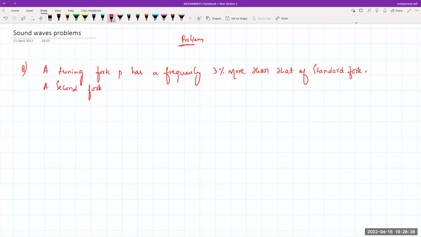Second fork, capital Q, has a frequency 2% less than that of the standard fork.